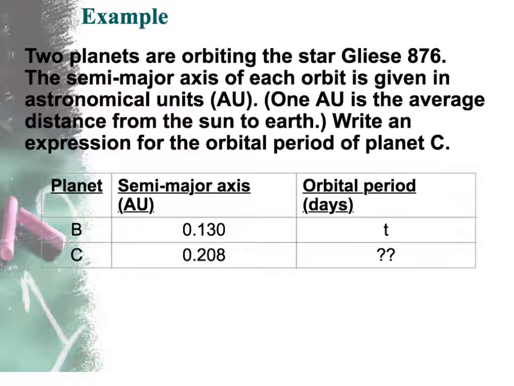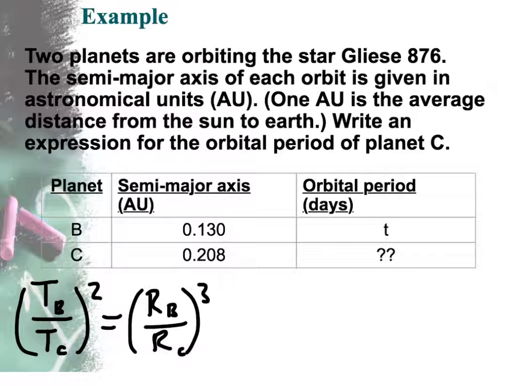Then we need to actually write an expression for the orbital period of planet C. We're given a variable for the orbital period of planet B, and we have to come up with an expression for the orbital period of planet C. Okay, so let's write down Kepler's third law of planetary motion, which says that the square of the periods is proportional to the cube of the semi-major axis, or the average radius.